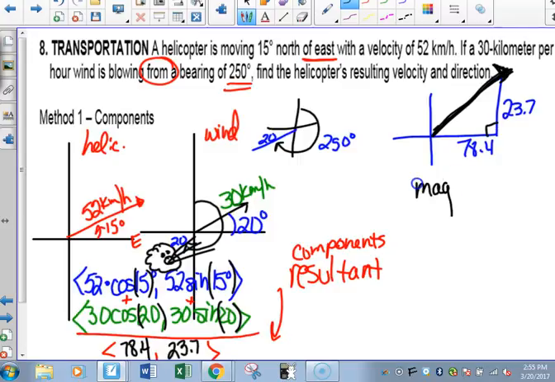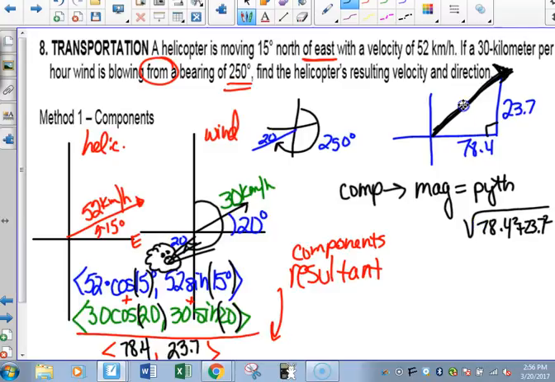Anytime we're looking for magnitude and we're going from the components to find the magnitude, you're just doing Pythagorean theorem. So we're going to have square root of 78.4 squared plus 23.7 squared. I got 81.9. Anybody else get that?